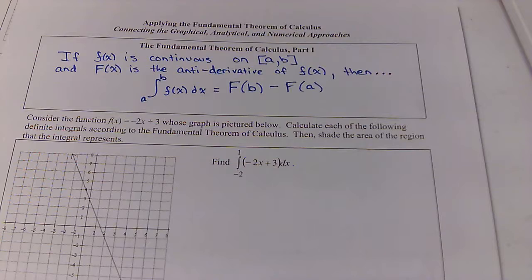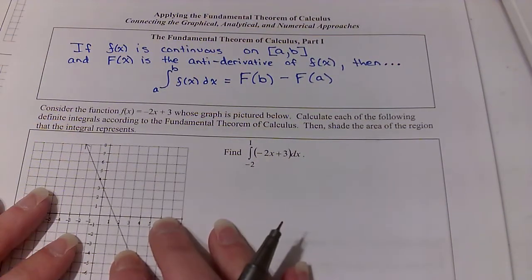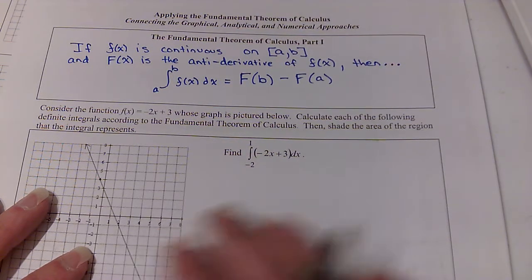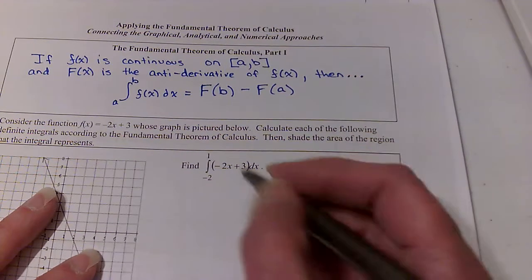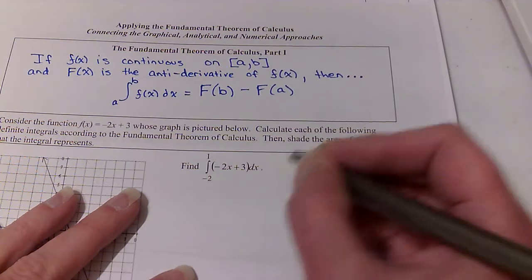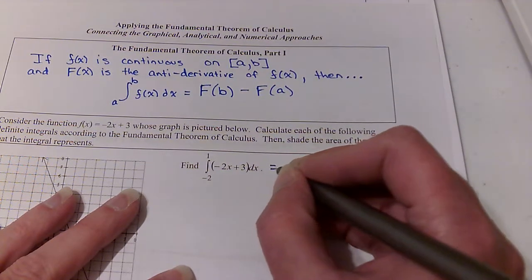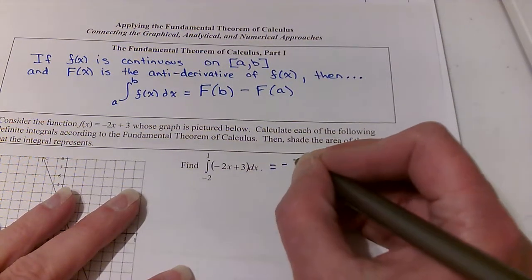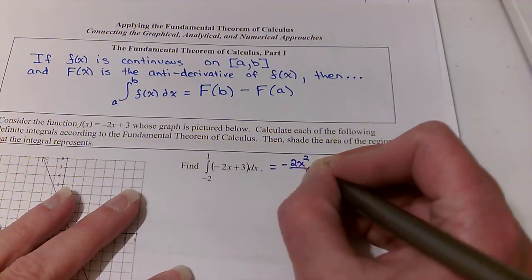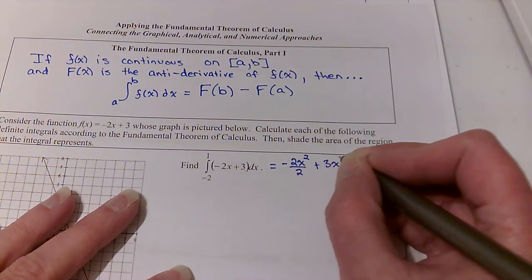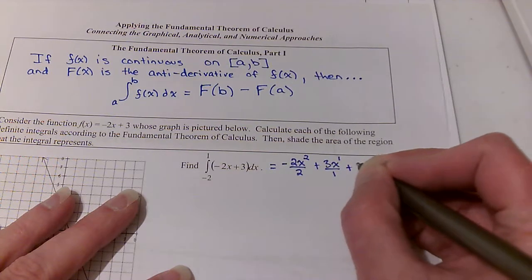I want us to look at this function, negative 2x plus 3. What is the antiderivative of negative 2x plus 3? Well, we've been doing that. That's going to be negative 2x squared divided by 2 plus 3x to the 1 divided by 1 plus some constant.